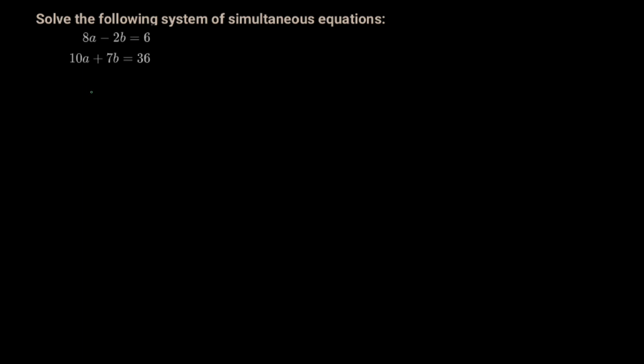So for example, here you'd read 4a minus b equal to 3, like this. This is more comparable to 10a plus 7b equal to 36 in terms of just matching the brackets. In fact, let's just use this one.